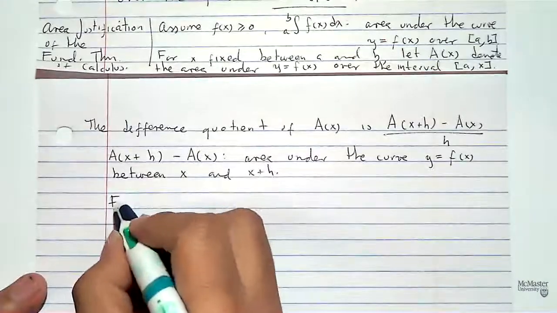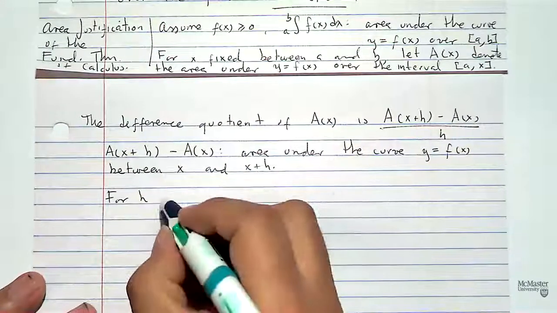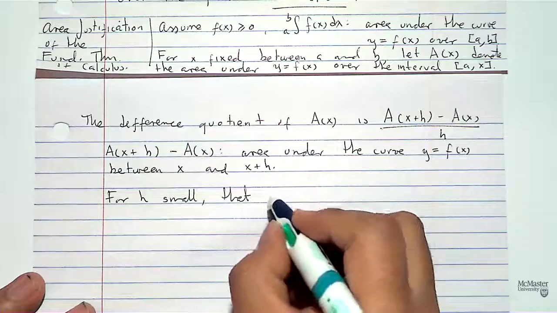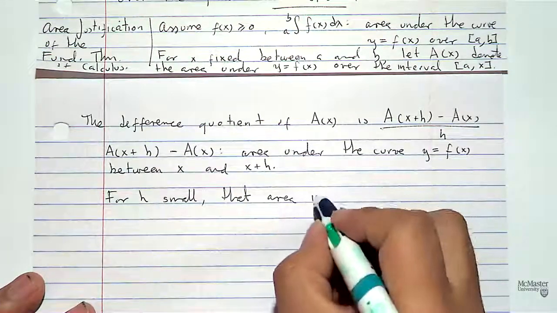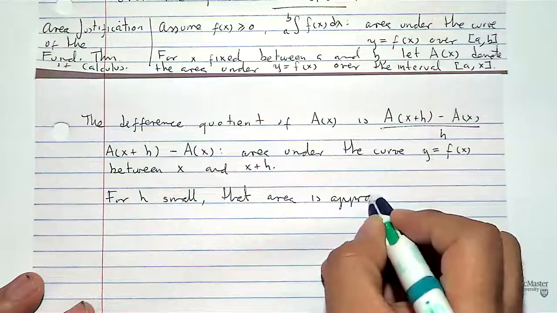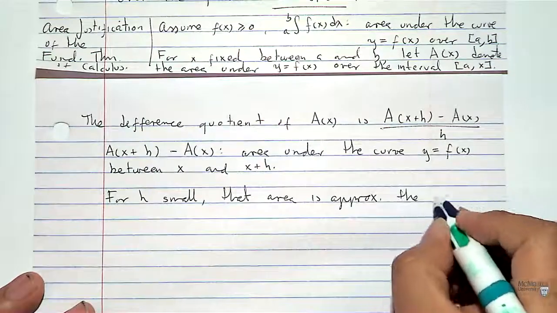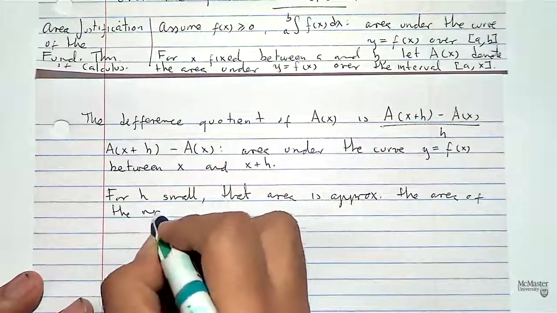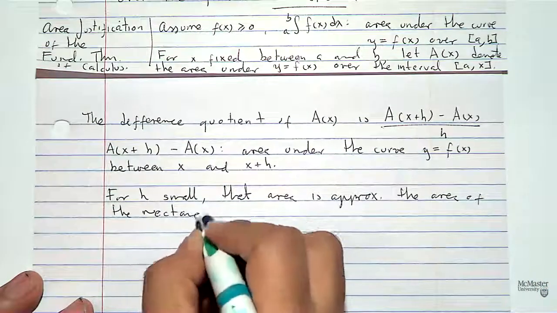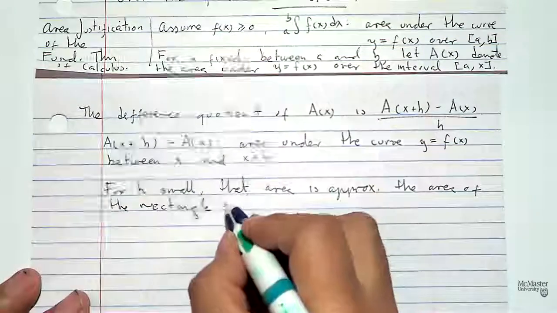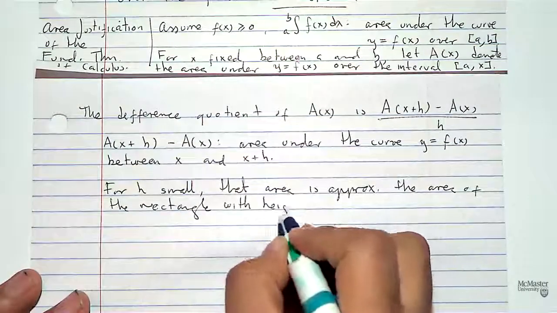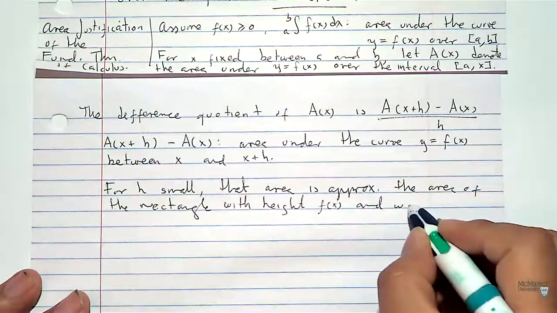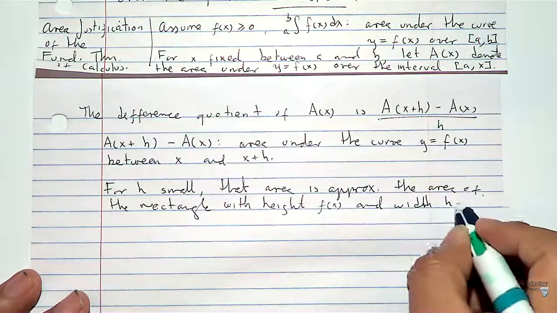Now, for h small, that area is approximately the area of the rectangle with height f of x and width h.